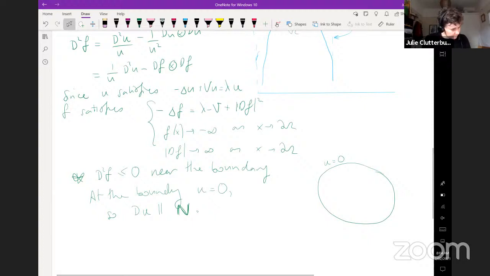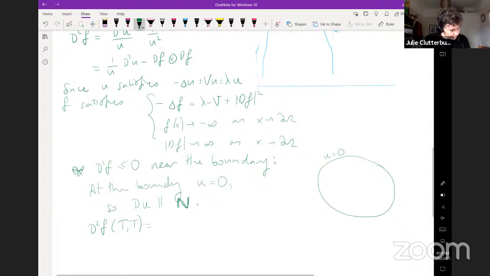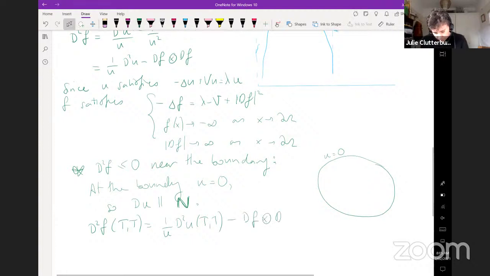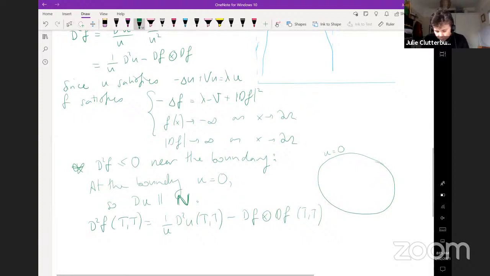Okay, so what we're finding here is that the tangential part, let's go back to up here, is 1 on u d2u minus, well, tangential part, okay, this df is in the direction of the normal.